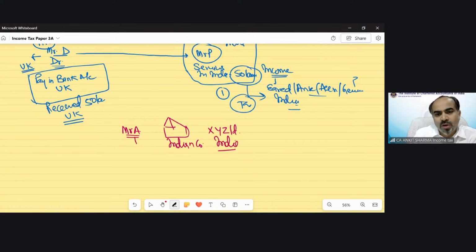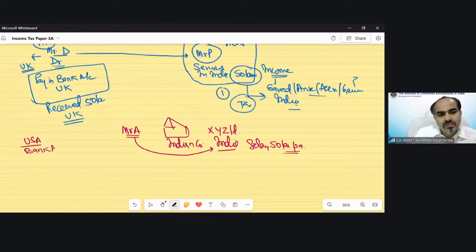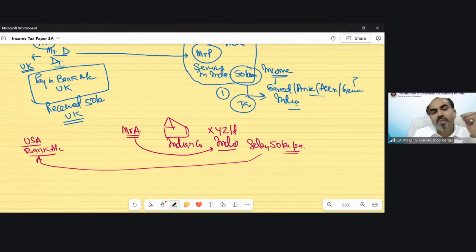So he is doing a job in India, providing his services to an Indian company. Suppose his salary is 50 lakh rupees per annum. He also maintains a bank account in USA, and he asked his employer to kindly pay his salary into his USA bank account. I would like to receive this salary in my USA bank account, and suppose the employer did the same.